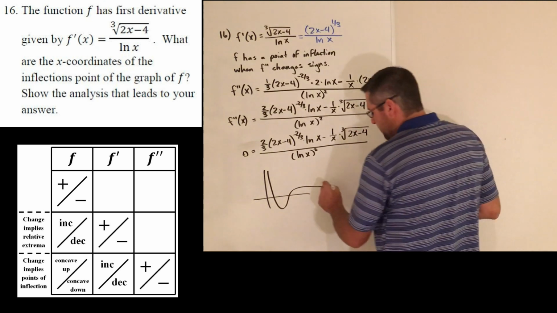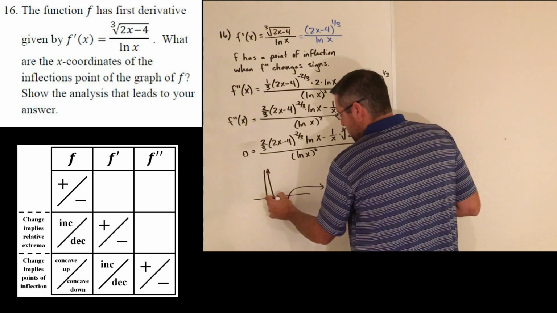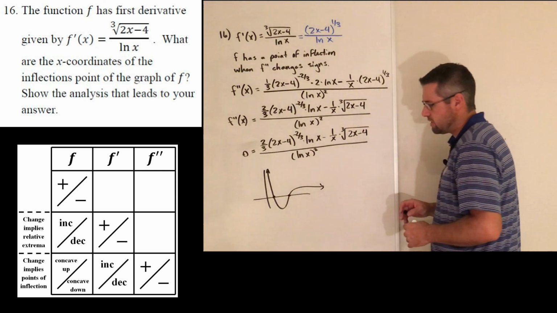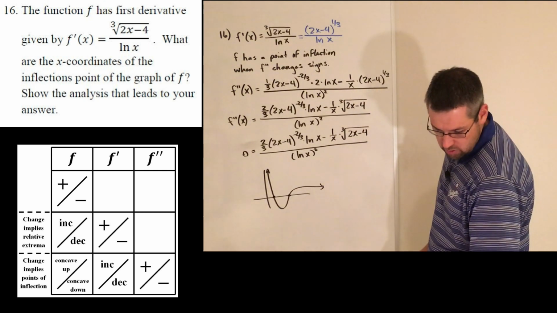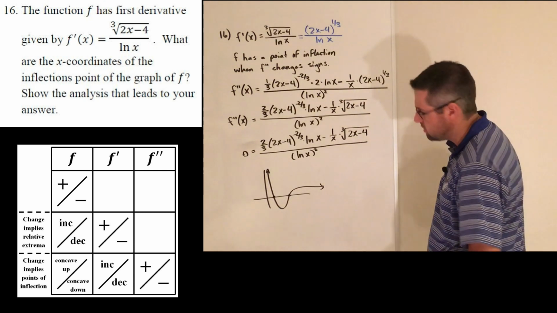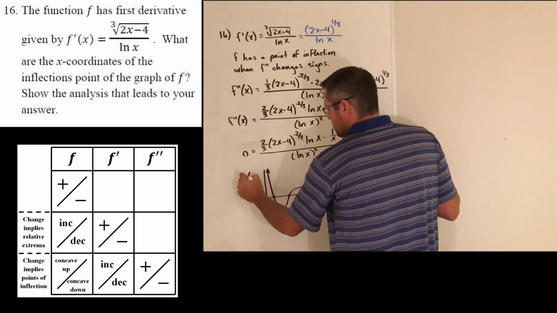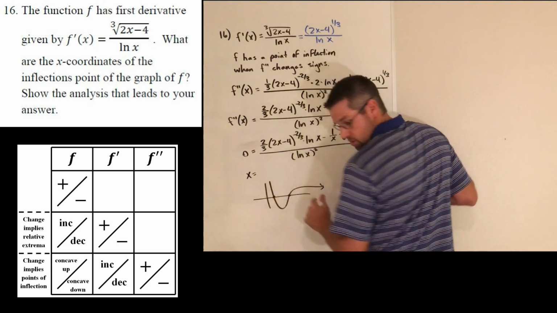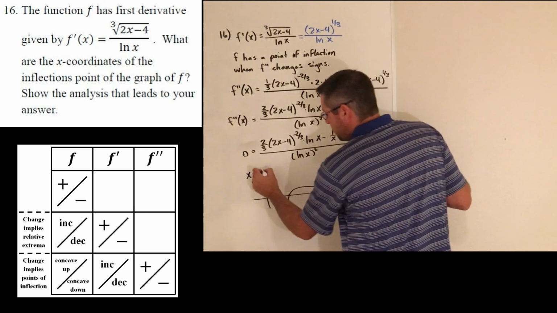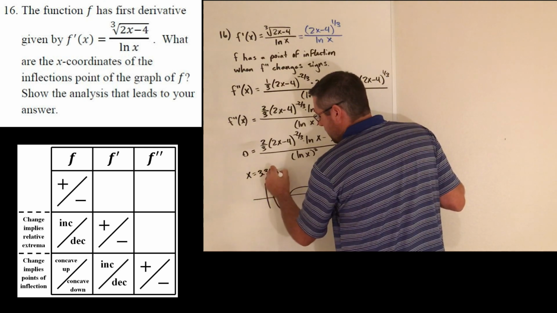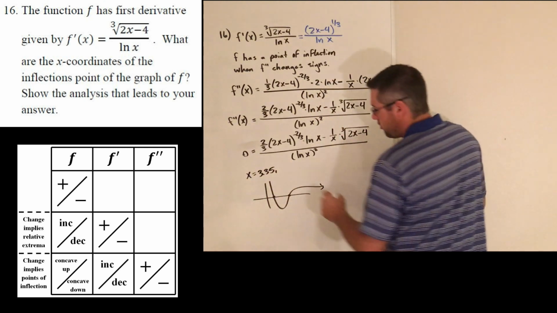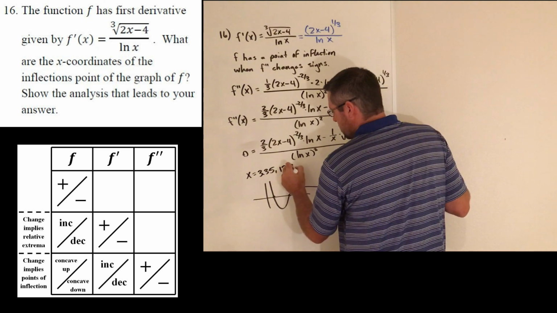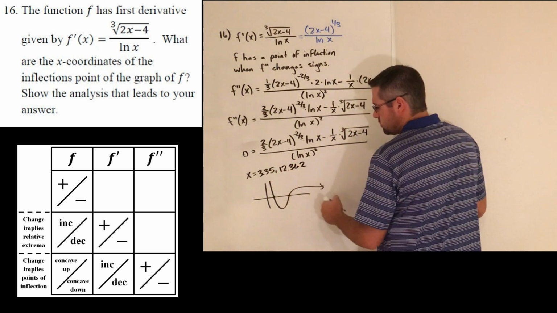And so we can see that the second derivative hits the x-axis at those 2 points. And those 2 points are in fact x equals 3.35 and 12.362. Okay, so those are those 2 values.